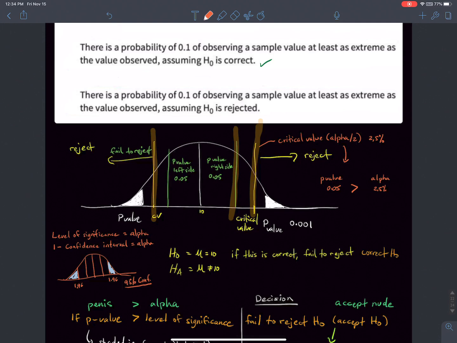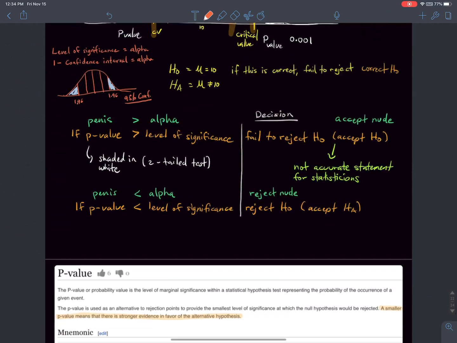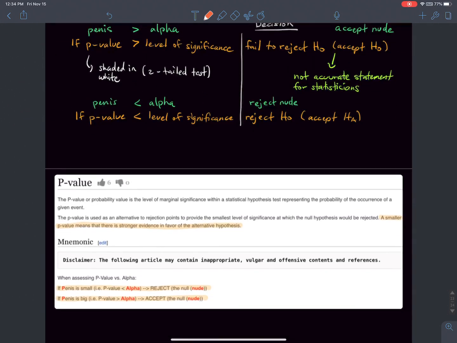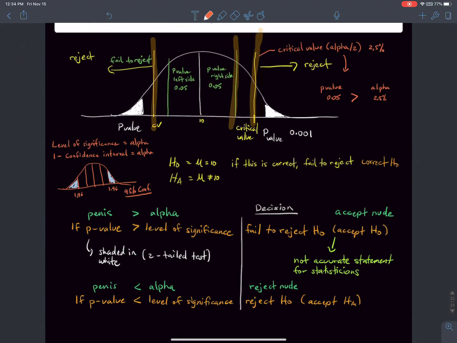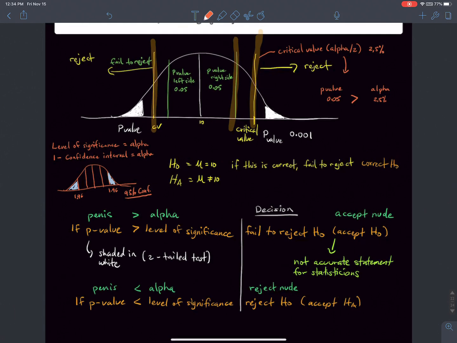and it is greater than alpha. So what did we say here? If p-value, this is 5%, right? 0.05 or 5%, but in the problem it is 10%.